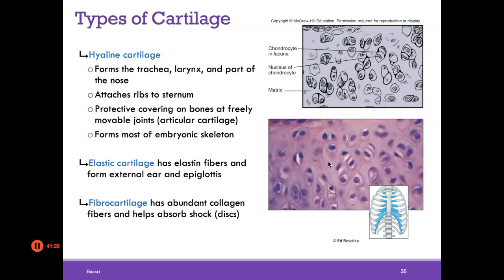So fibrocartilage, we also see in the pubic symphysis, which is the joint between the two halves of the pelvic girdle. So it resists compression and absorbs shock. That's the main purpose of fibrocartilage. Whereas elastic cartilage was more flexible and elastic.